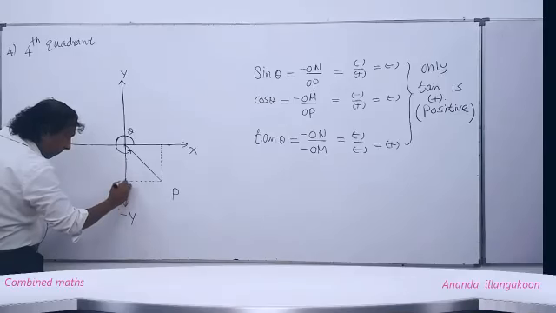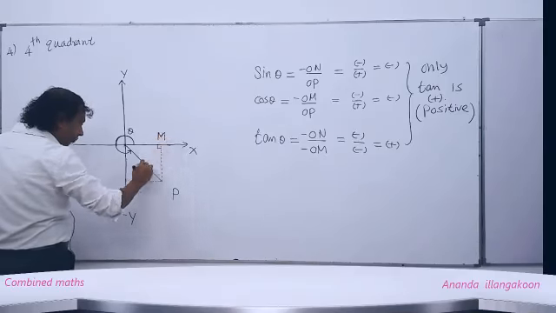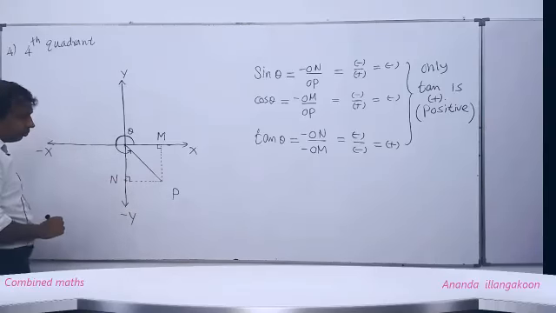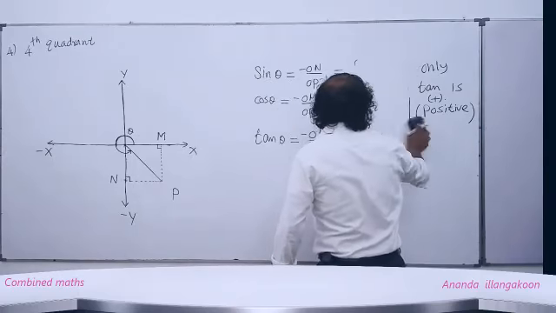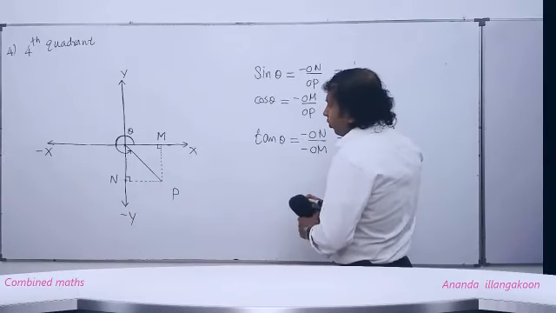This is M, this is N. Now we'll see. Sine here, ON, is negative because it's coming from the negative y-axis, divided by OP. Numerator negative, denominator positive. This is negative. For cos theta, OM is positive now, coming from the positive x-axis.